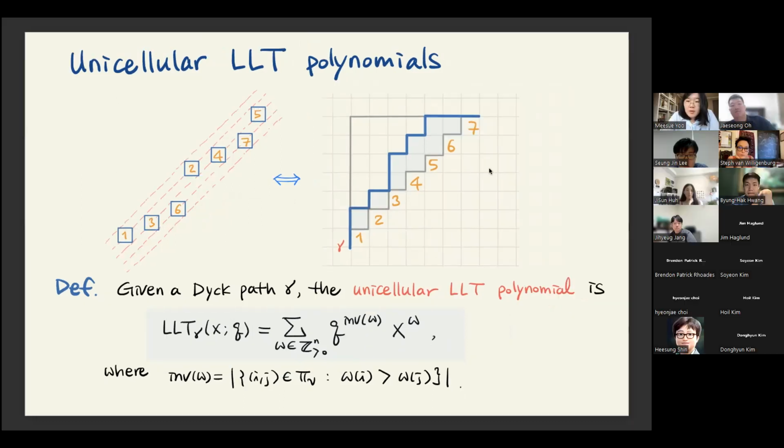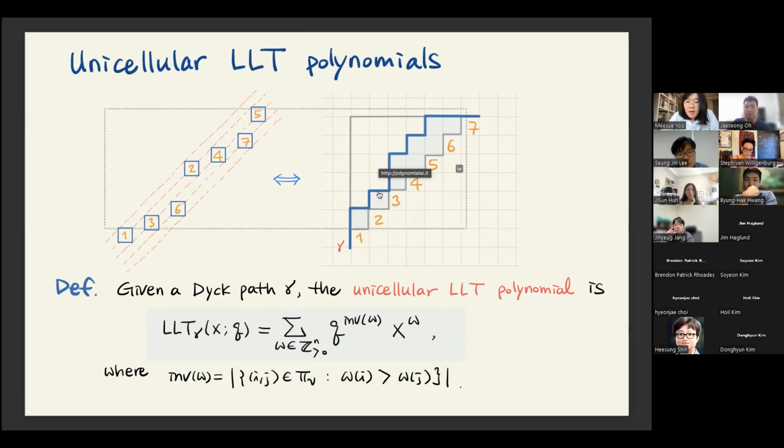So we compute the unicellular LLT polynomial in this Dyck path diagram. And then the inversion statistic can also be computed over this Dyck path diagram. So we consider all the possible fillings over this diagonal without any conditions. And then for the cells under the Dyck path above the main diagonal, we compare the column label and the row label.